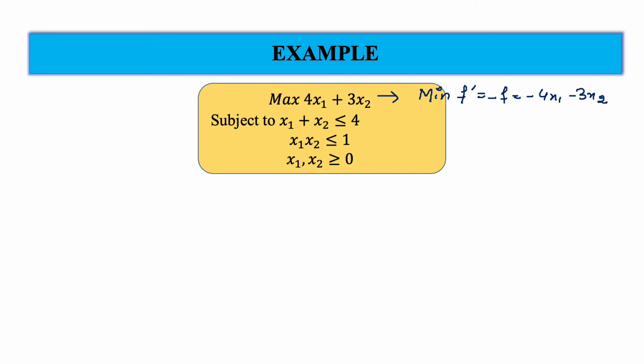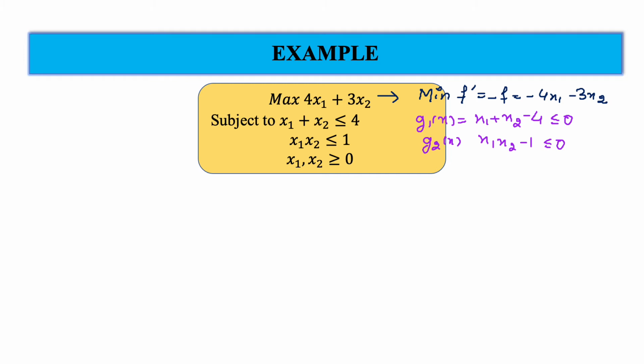Now we will see the constraints. Constraint 1, g1(x), for x1, x2 will be x1 plus x2 minus 4 less than or equal to 0. Similarly, the second constraint equation is x1 x2 minus 1 less than or equal to 0.